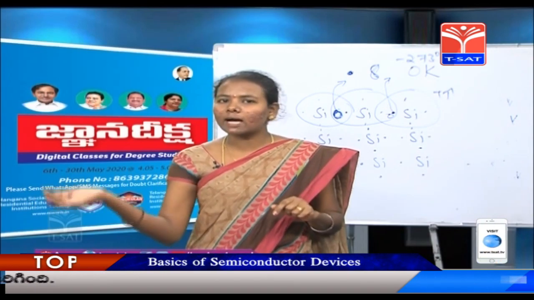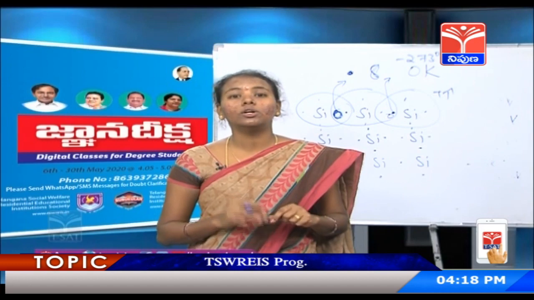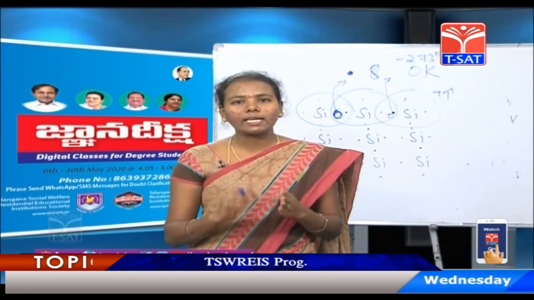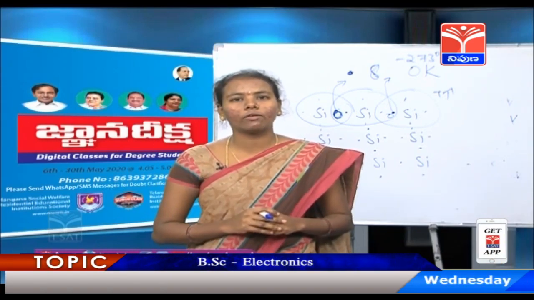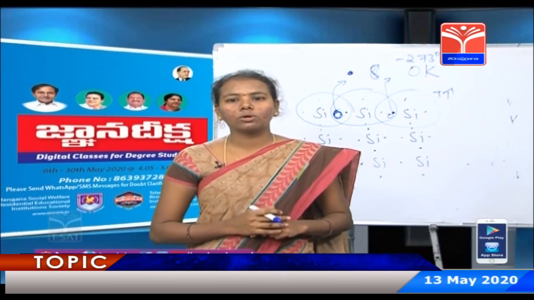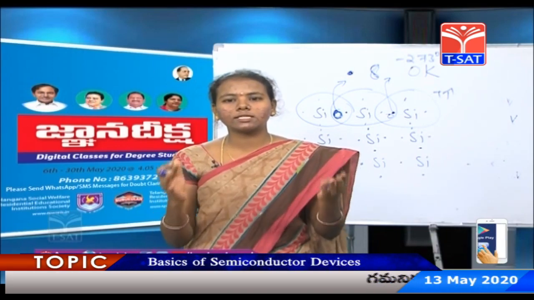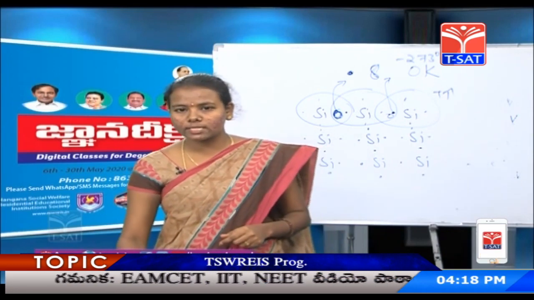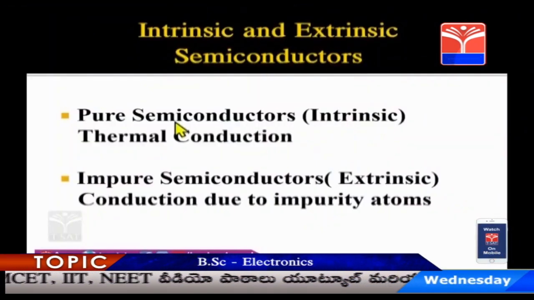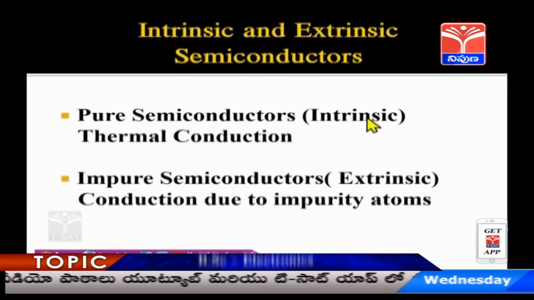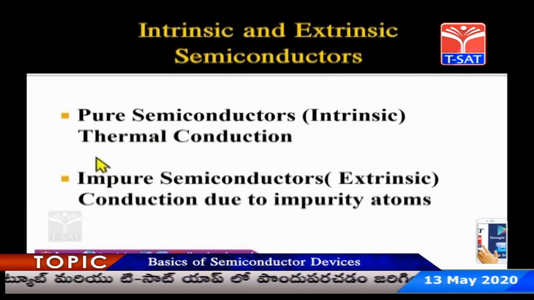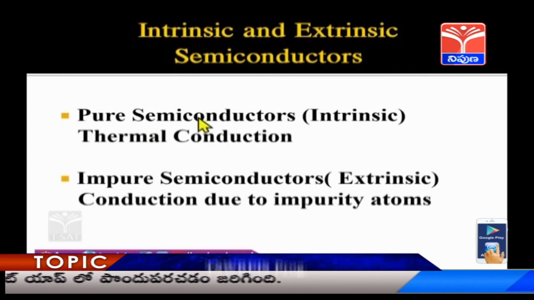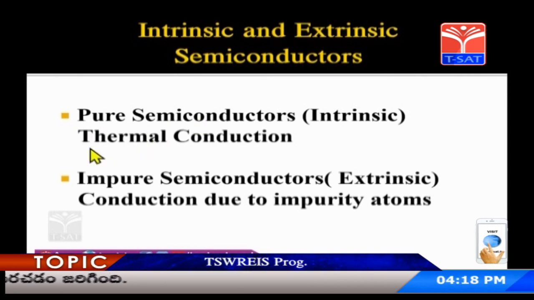We add other materials to the semiconductor to increase its conductivity. Thus, semiconductors are of two types, intrinsic and extrinsic. Pure semiconductors are intrinsic, and the conduction in them is due to temperature, that means thermal conduction.